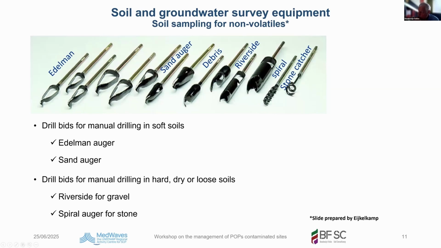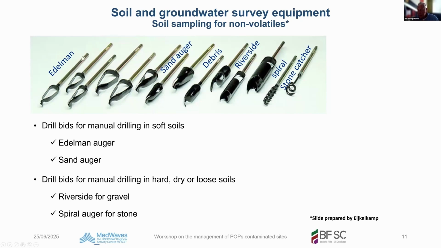Riverside, this is in wet conditions of sandy soil, different diameters. And here are others for when it's difficult to get in through stones. So these are more or less the available types of auger on the market to do manual augering.